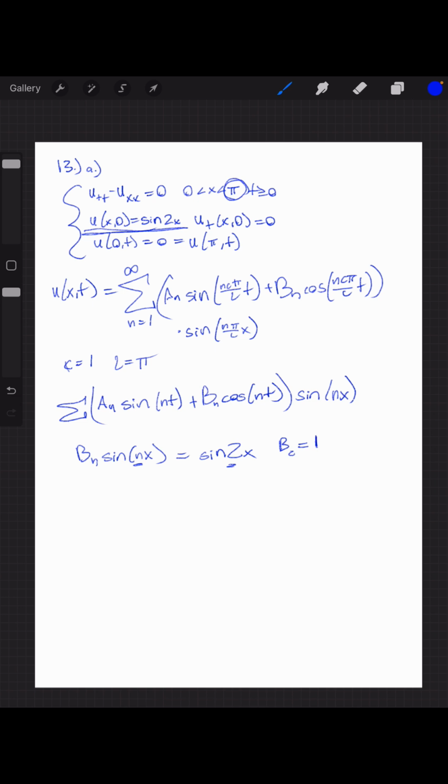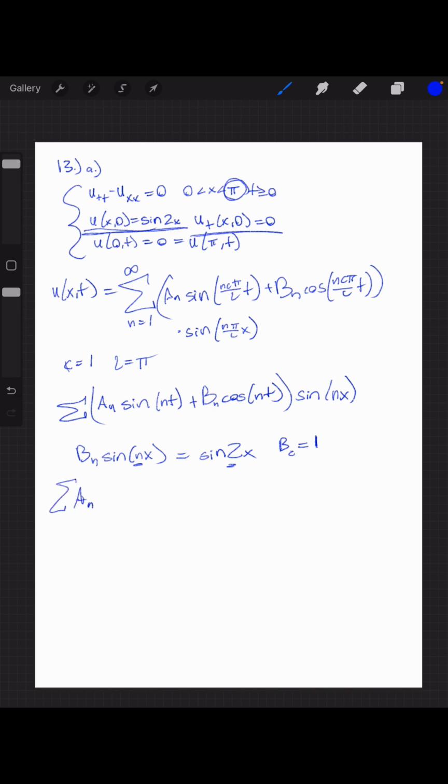Now, we also have the initial condition that when there's a derivative with respect to t, and t is 0, it should be 0. So, go back into the equation, and then we can get a_n.